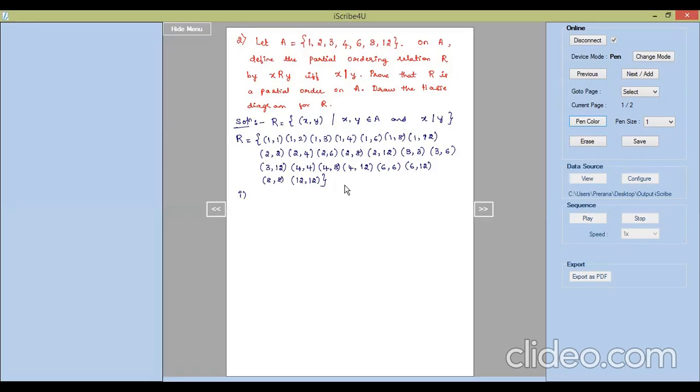So for all a belonging to the set A, a comma a belongs to R. So we can write the same thing: for all a belonging to the set A, we see that a comma a belongs to the relation R. Therefore, R is reflexive.